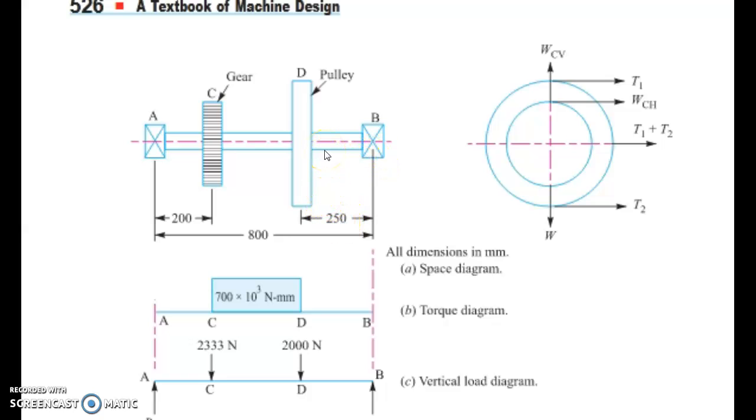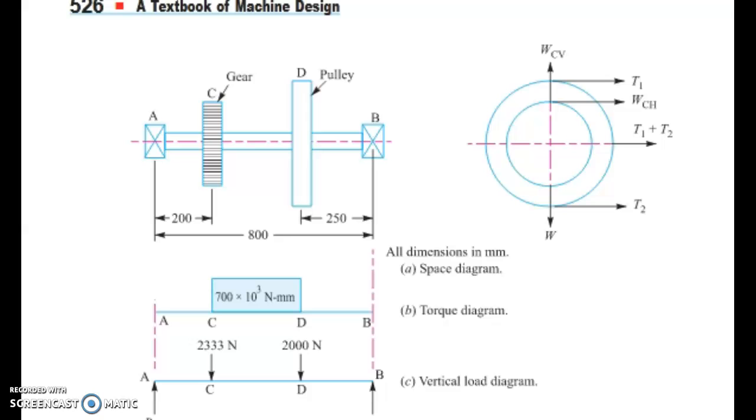Then we have the horizontal direction on the pulley because the belt tight side is marked as T1 and the slack side is marked as T2. Then the gear has an angle of 20 degree involute, so it has horizontal and vertical components, that I can explain later.